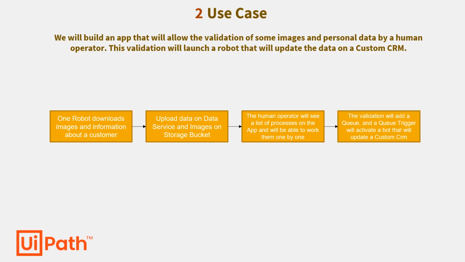And then the validation by the human, which can be OK or KO, will add a queue item on the Orchestrator, and this queue will trigger, a queue trigger, that will activate a bot that will update this information on a custom CRM.